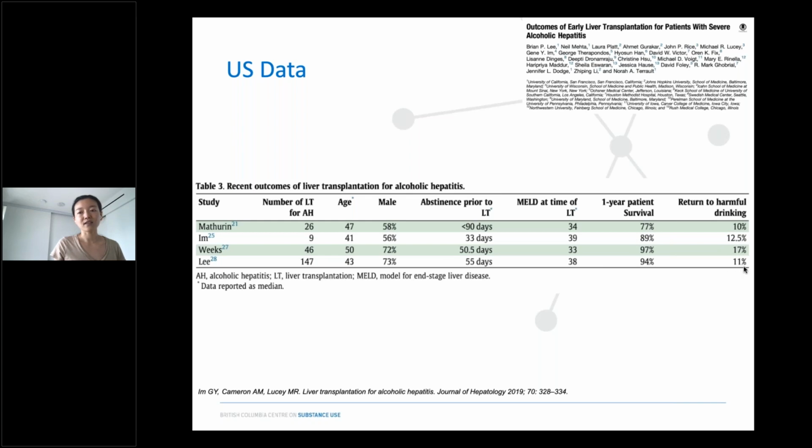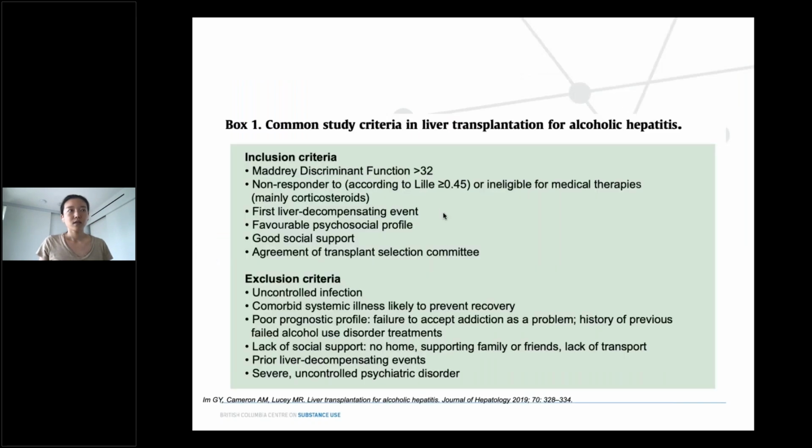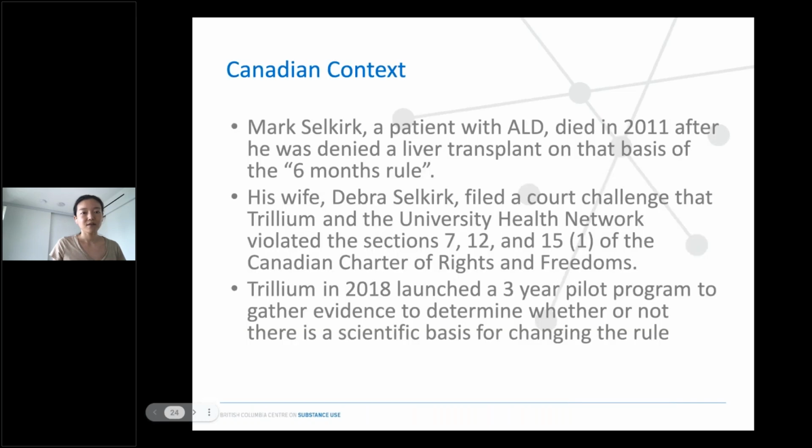Excellent 1-year survival, and return to harmful drinking is still within that typical 10 to 20% relapse. And again, even in the US study for alcohol hepatitis, the selection criteria are very strict, almost the same as the initial French study, so very selective.